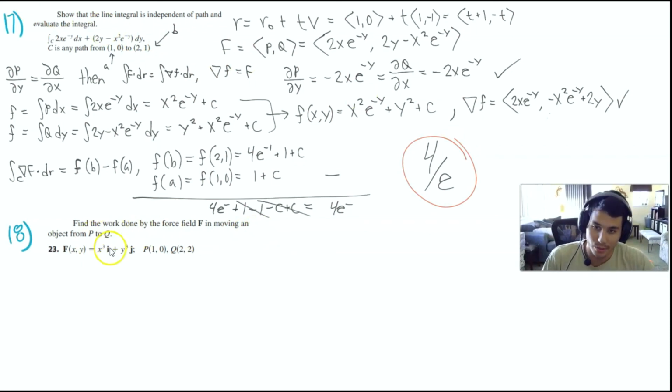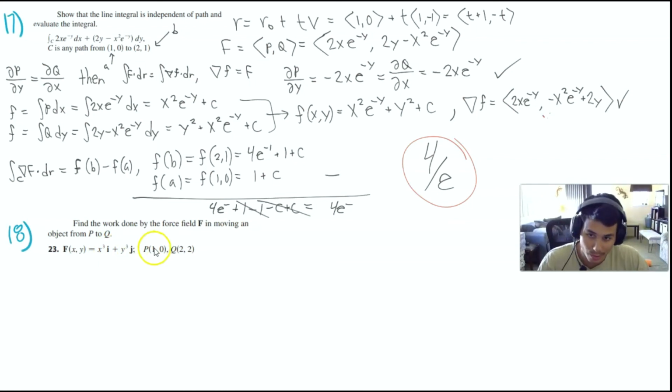Okay, second question. Now, they give you a little bit less information. They don't give you the integral anymore. They give you 2 points, and they give you a vector function, I mean, just a vector, right? Now, let's use this information.